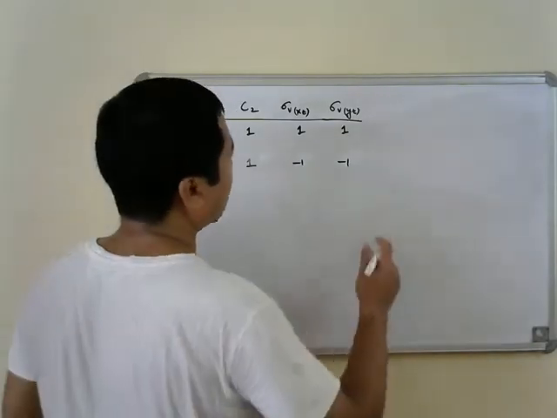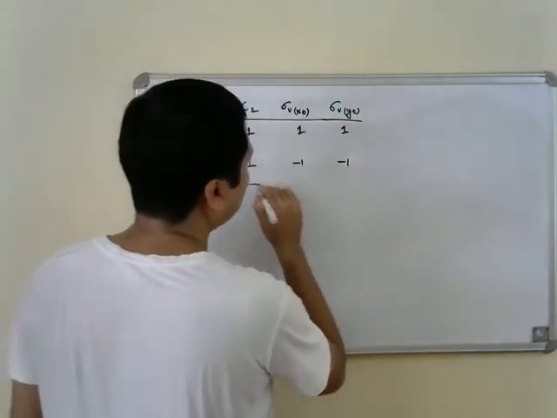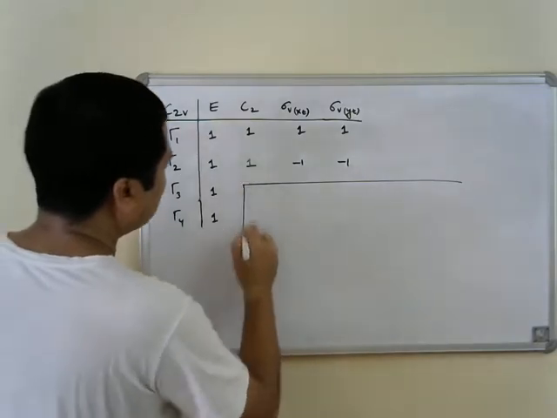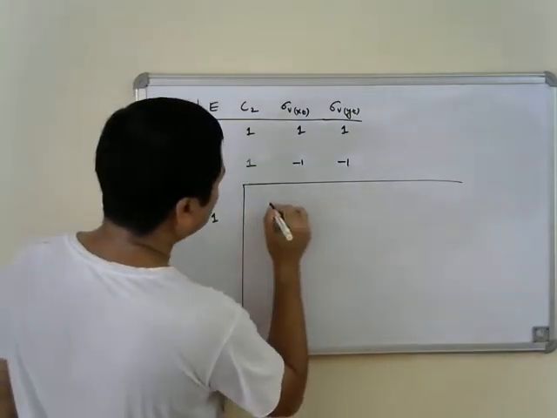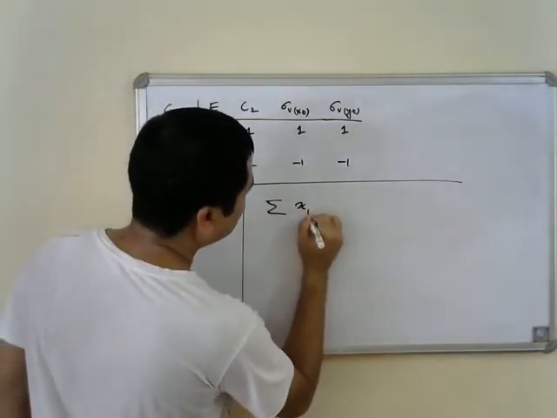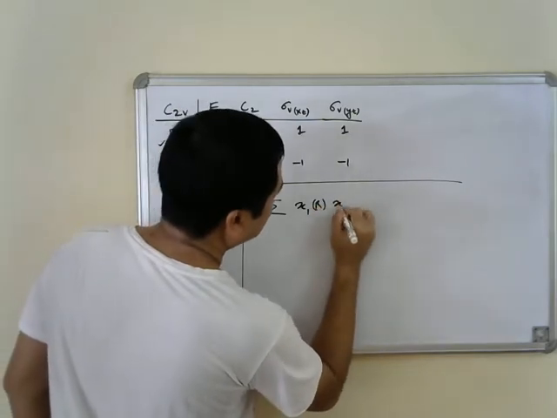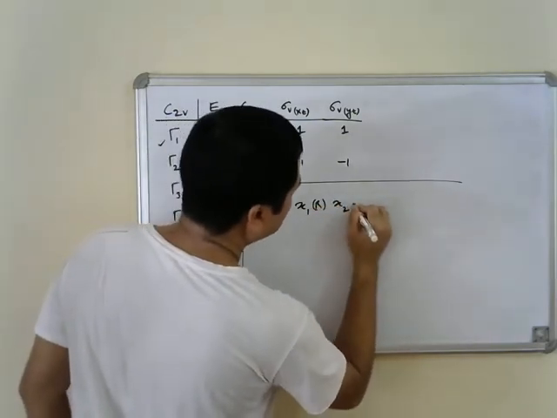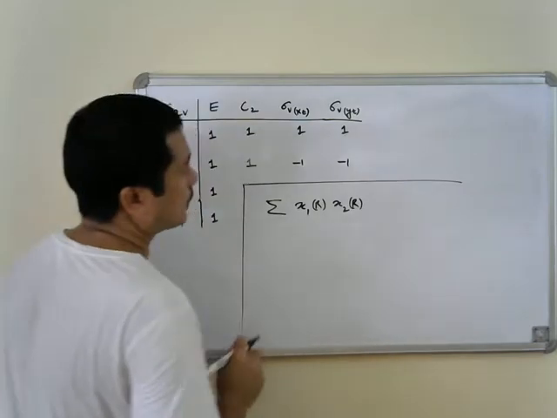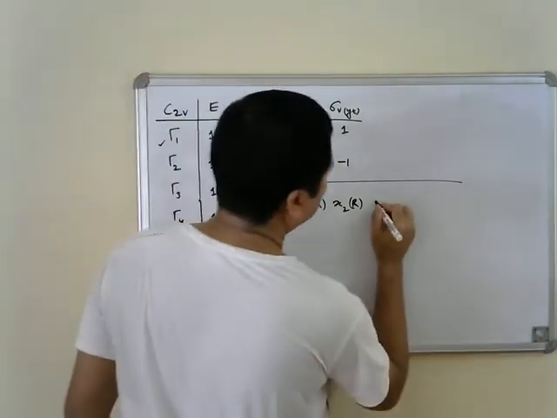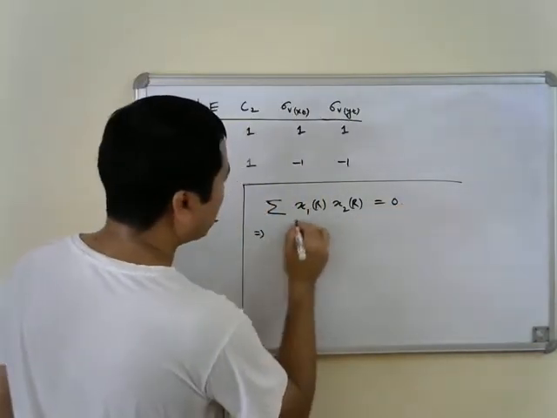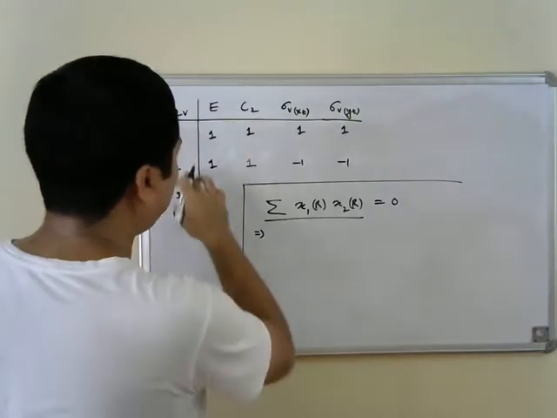Do these gamma 1 and gamma 2 follow the orthogonality rule or not? Let us find it out. So what we will do is take chi 1 of R and chi 2 of R, the characters for gamma 2, and the sum must be equal to 0. So let's find out this particular expression for gamma 1 and gamma 2.